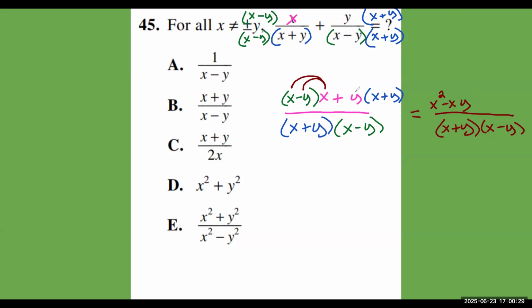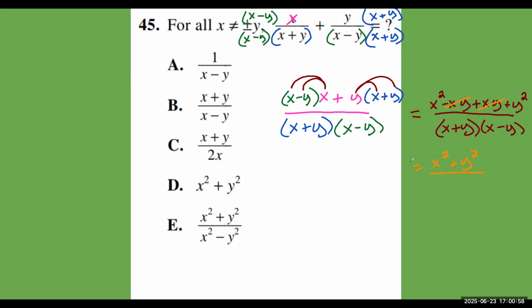And then I have plus xy plus y squared. Now I have no more parentheses on the numerator. That's good news. If you notice right here in the center, I have a negative xy and a positive xy. Those are actually going to undo each other and leave me with x squared plus y squared on the numerator.